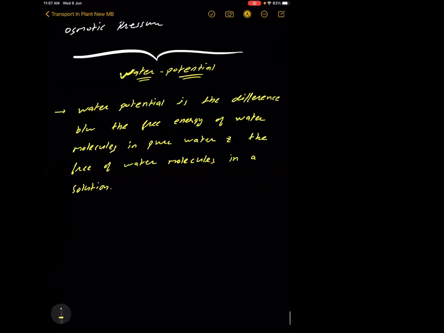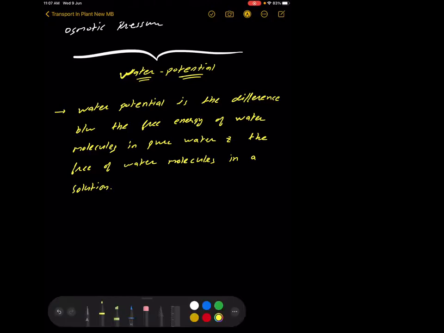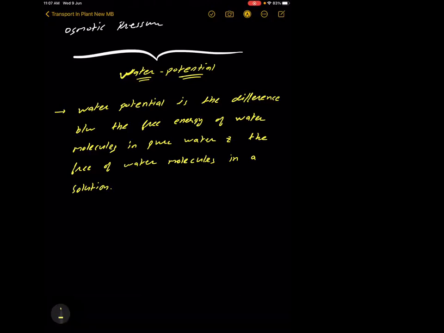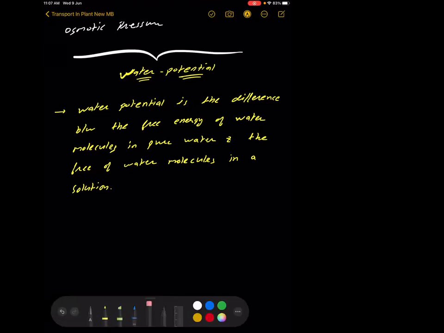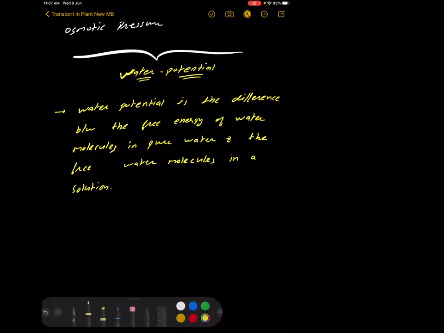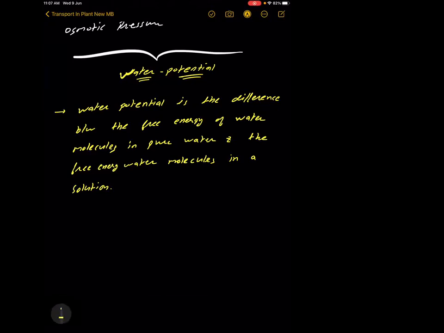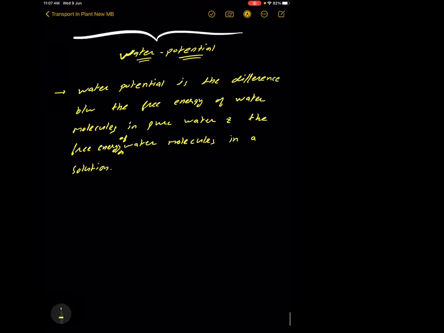Okay. Sir, you missed the word energy over there. Free energy of water molecules in pure water, and the free energy of water molecules in a solution. So this difference is called water potential.